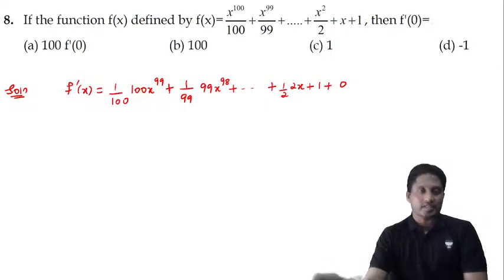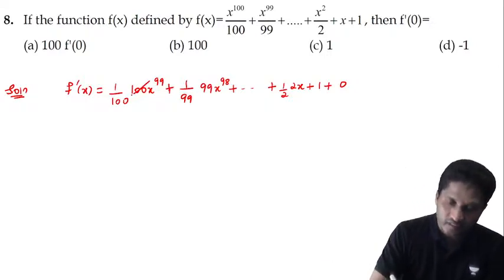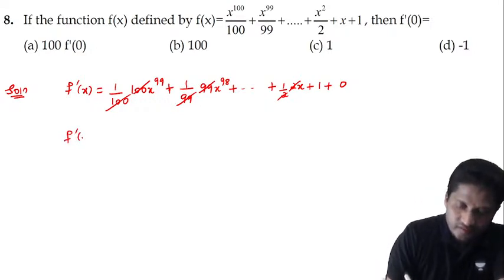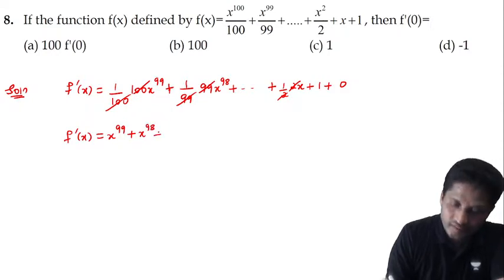I differentiated this. I'm going to cancel this 100, cancel this 99. Now f dash of x is equal to x to the power of 99 plus x to the power of 98, and so on, up to x plus 1.